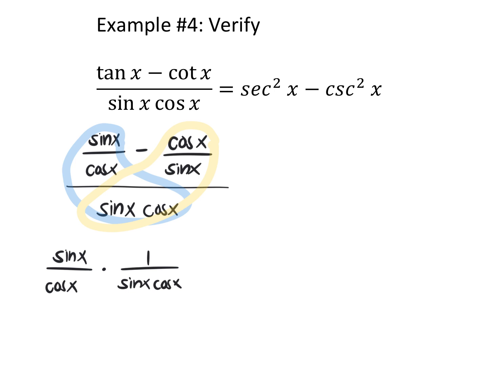So this is that blue piece that I highlighted. And then if I split up the yellow side, I'm subtracting cosine x over sine of x, and I'm multiplying that by the reciprocal 1 over sine of x cosine of x.